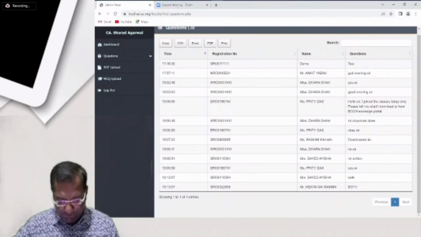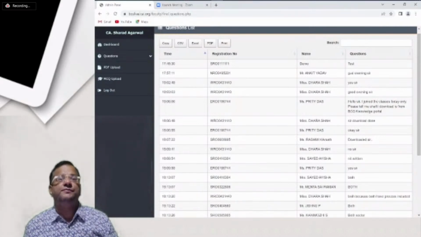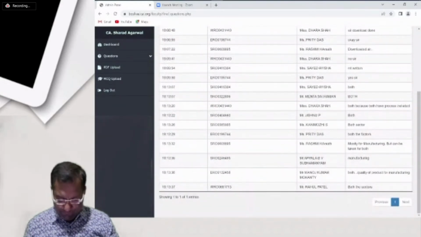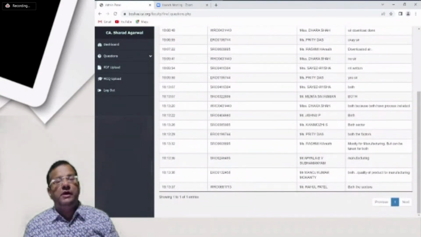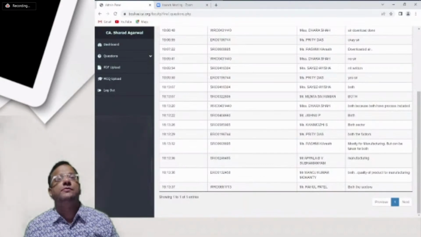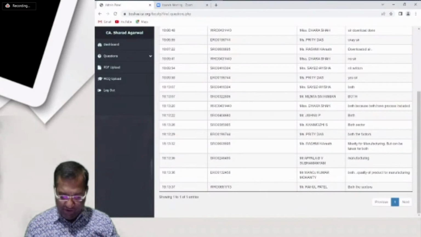Next point in your copy: value chain analysis is equally applicable for manufacturing and service sector.